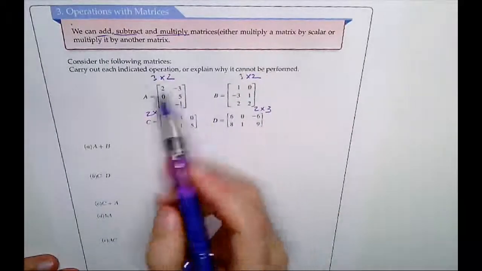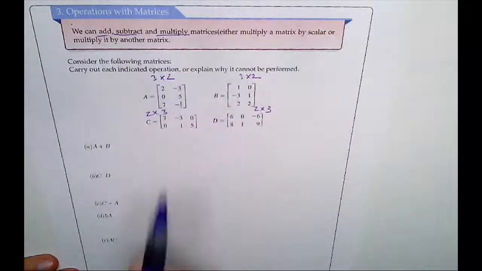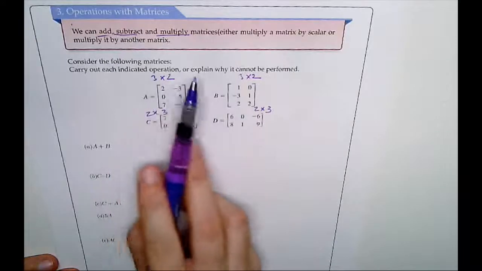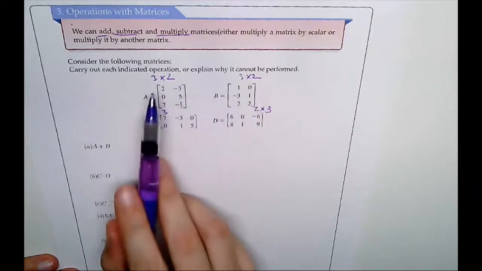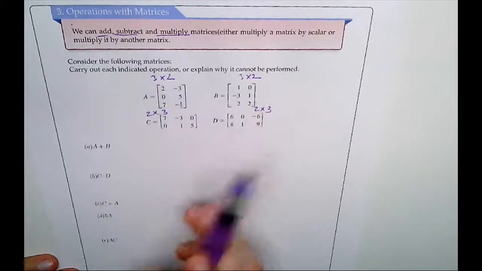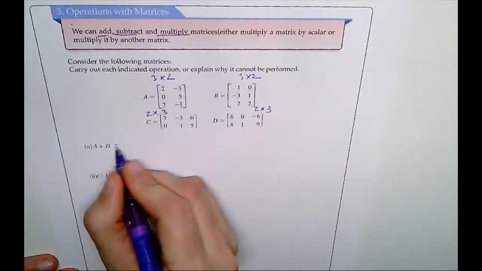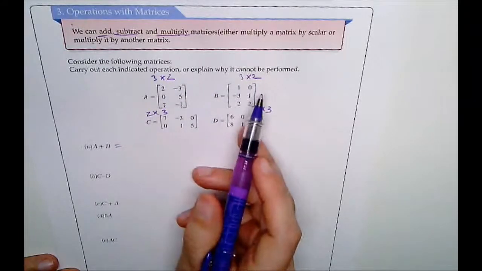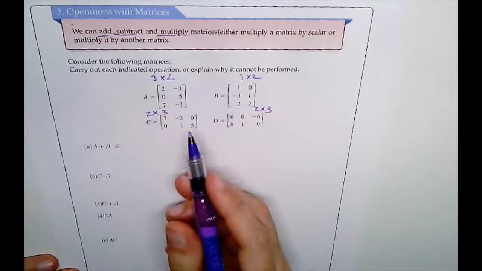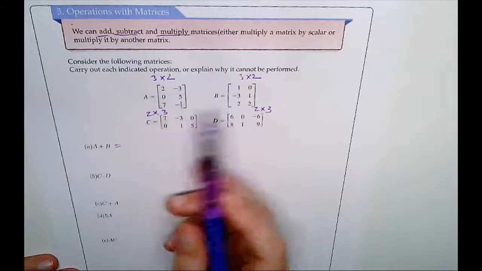So we can do all of these operations, but we have to pay attention to the size of the matrix. I can only add and subtract matrices of the same size. So let's see, what is A plus B? They're both 3 by 2, so I can add them. You can think of it like combining like terms.